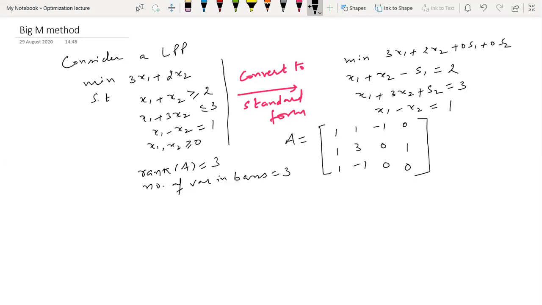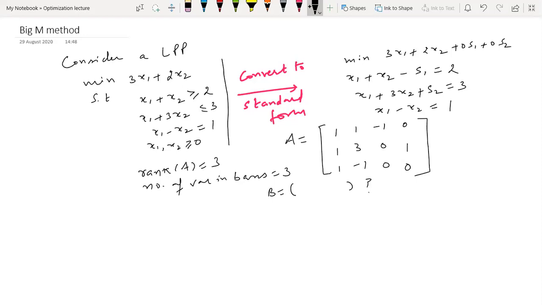And we have already assumed that we are taking a full rank system in which the number of constraints is equal to the rank of the matrix. So that means out of 4 variables I have to construct a basis with 3 variables. So my question is, what are the variables in the basis?